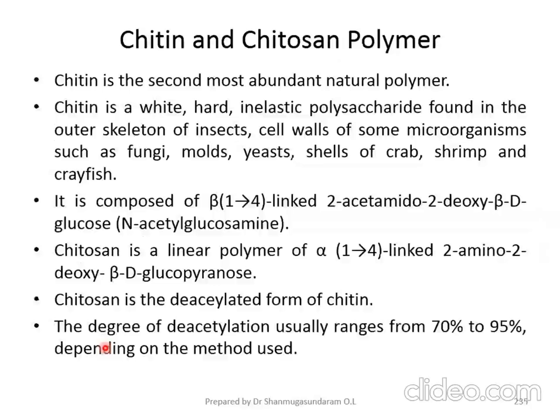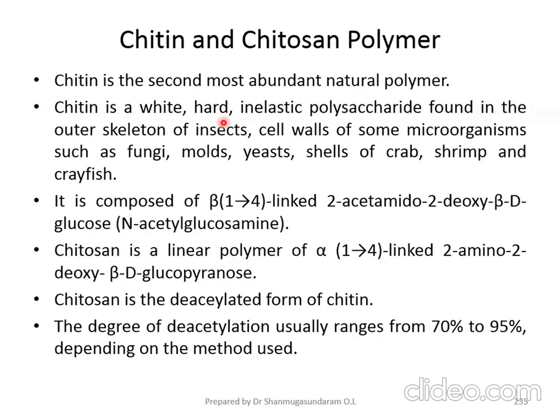I'm going to discuss chitin and chitosan polymer. This is another natural polymer which is abundantly available in nature. Please look at the slide. Chitin is the second most abundant natural polymer.